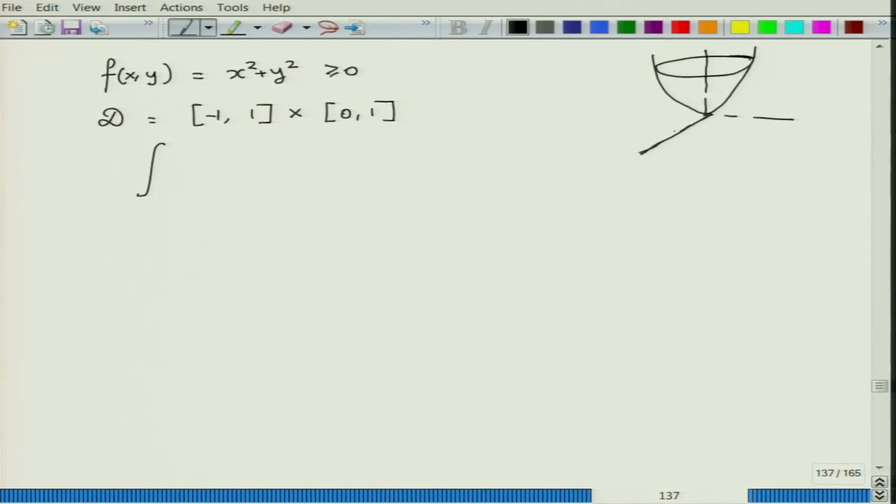So, you know that the x domain is from -1 to +1 and 0 to 1. This is your x domain.